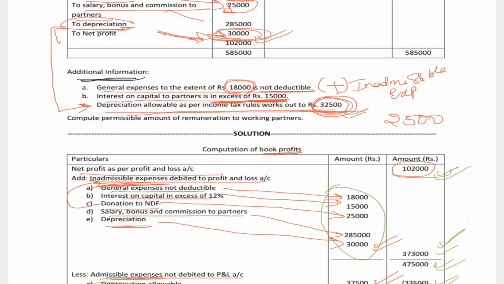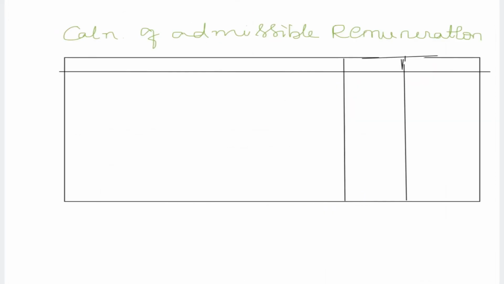So the actual question is to calculate the permissible amount of remuneration to the working partners. To calculate permissible remuneration, we needed book profit. So we have calculated book profit. Now let us calculate the permissible remuneration, which is nothing but admissible remuneration. To calculate admissible remuneration, we will consider two criteria.